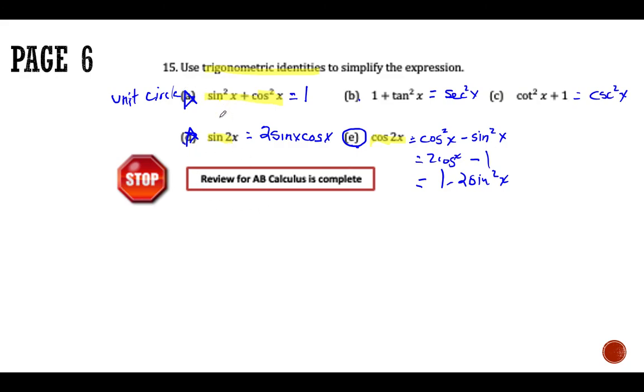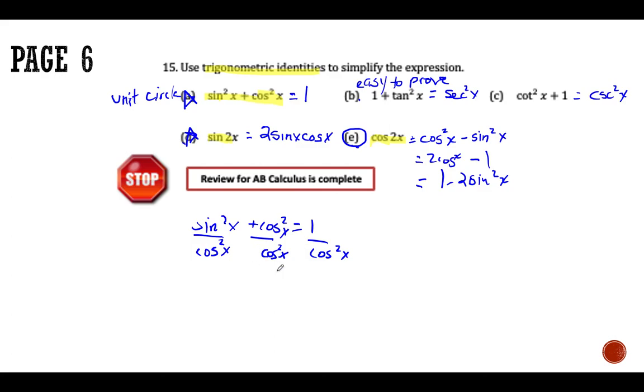Just as a side note, these 2 are easy to show. Why? These just take some half-angle manipulation. But if I write sine squared x plus cosine squared x is equal to 1, and I divide everybody by cosine squared, which is legal, right?